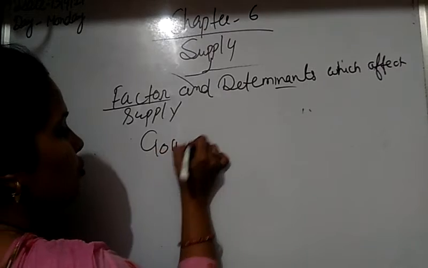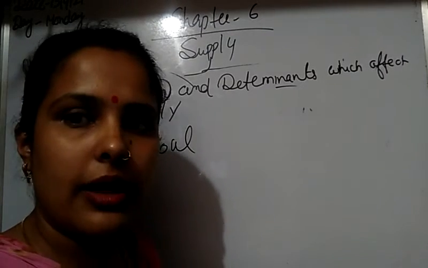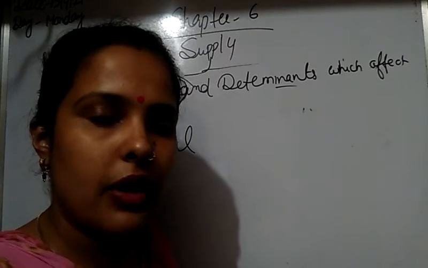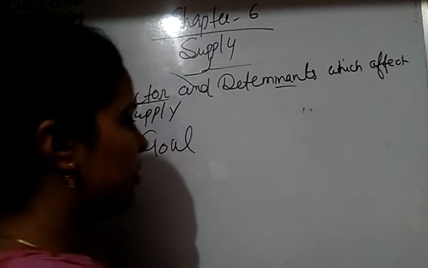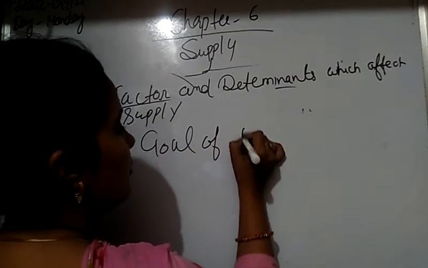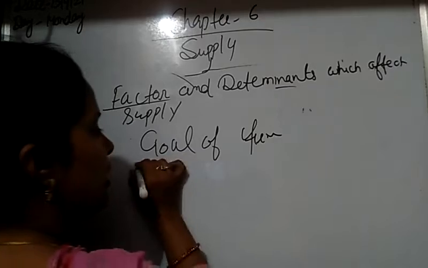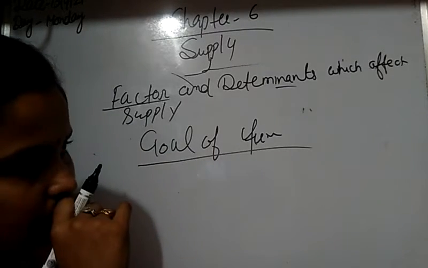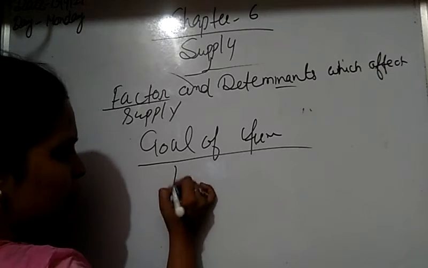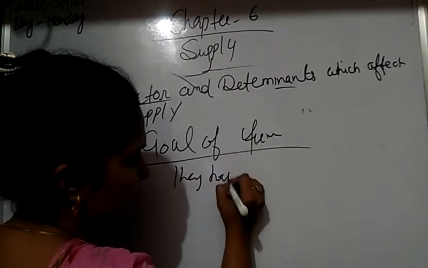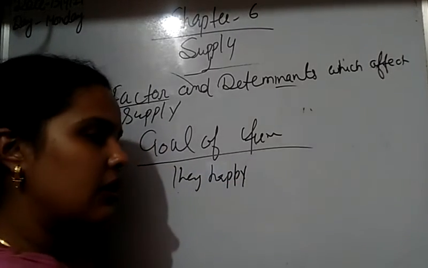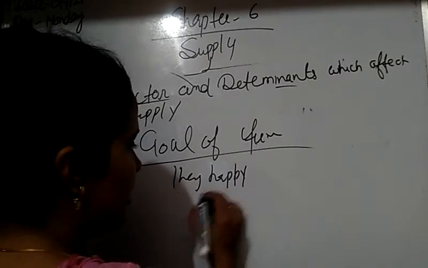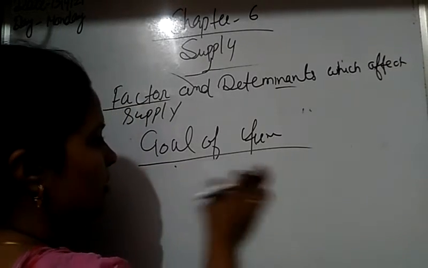If they want to survive in the market, just earning the profit, then their supply is constant. If they are happy with their current state and do not want to grow, supply stays the same.